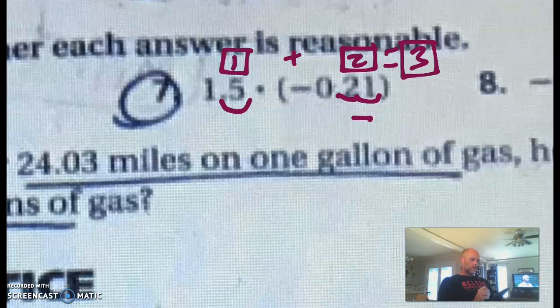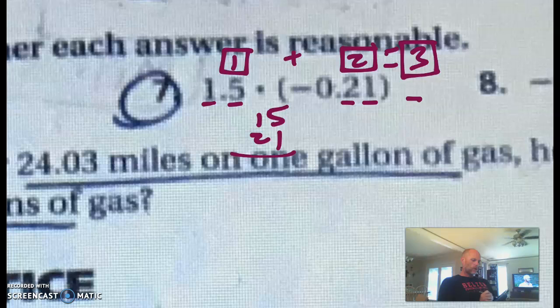Okay. So now all I have to do, I just erase my negative sign. There we go. Now all I have to do is, because I've already removed the decimal, I'm just going to put it back in the answer. So now all I actually have to multiply is 15 times 21. Okay? 15 times 21.